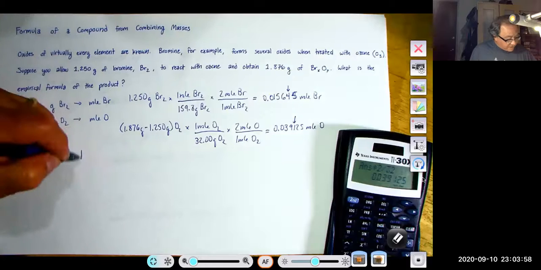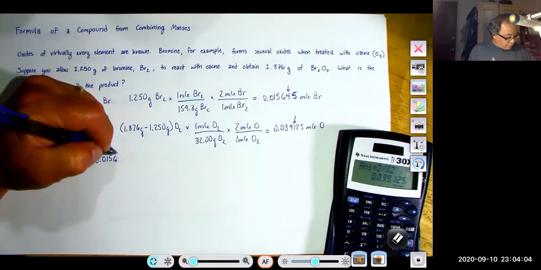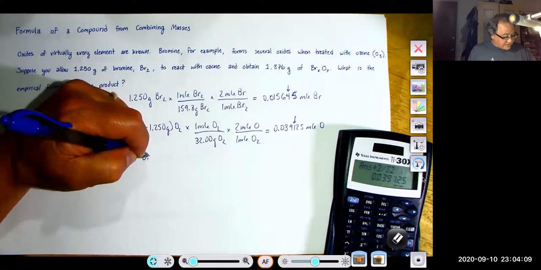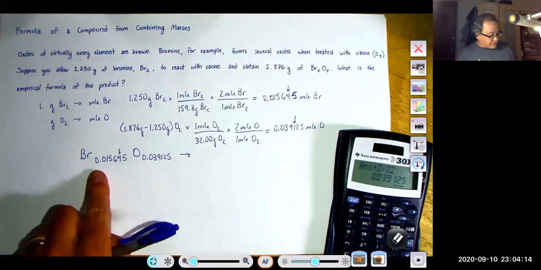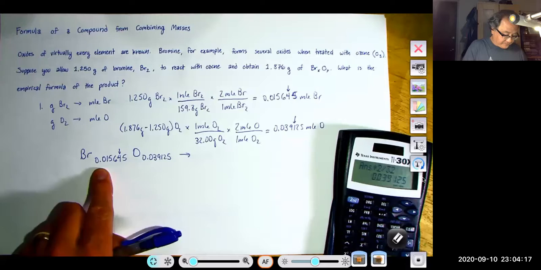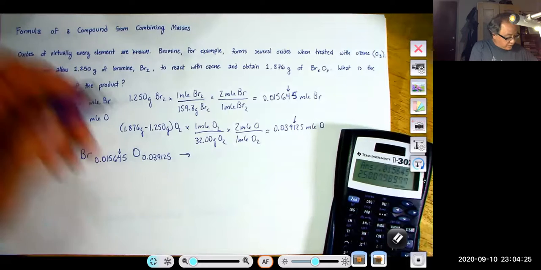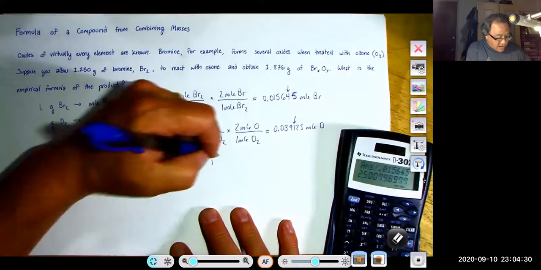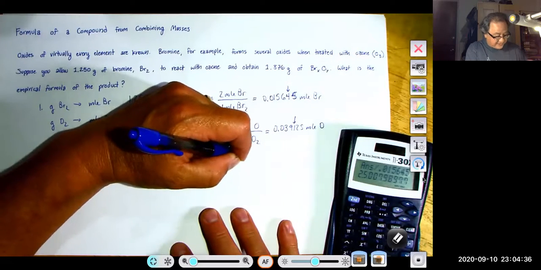So we get Br 0.01564, oxygen 0.039125, and we're going to divide by 0.01564 for each of these. So we get bromine 1, oxygen 2.5008.